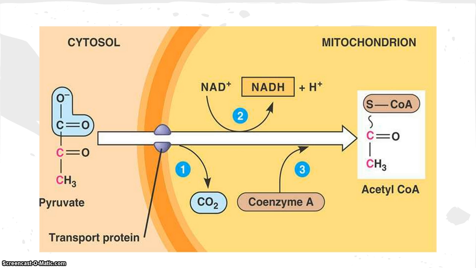So what does that actually look like? If we start over here in the cytosol, you'll see the pyruvate. And the pyruvate, remember, is that COOH. We're going to remove this group right here.